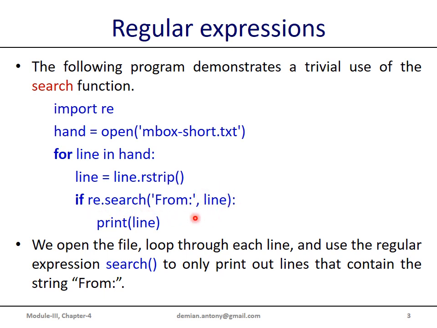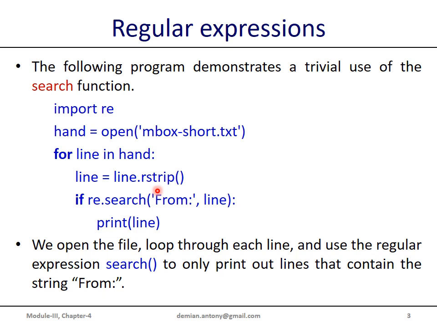This search function will return nothing, None, if there is no pattern found as per the regular expression defined in the first argument, and returns the information about the first match if there are occurrences of patterns in the string.